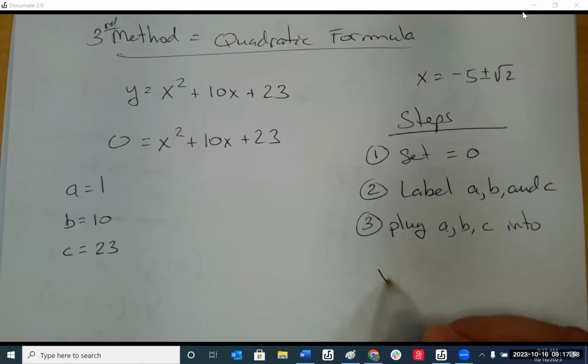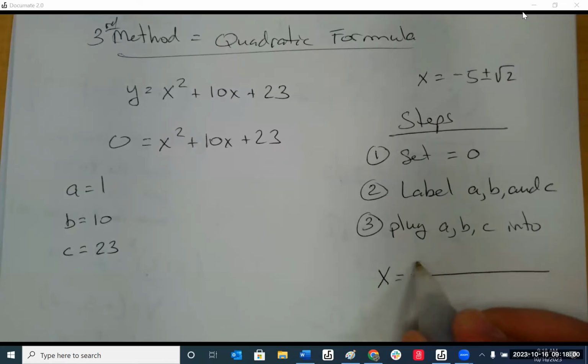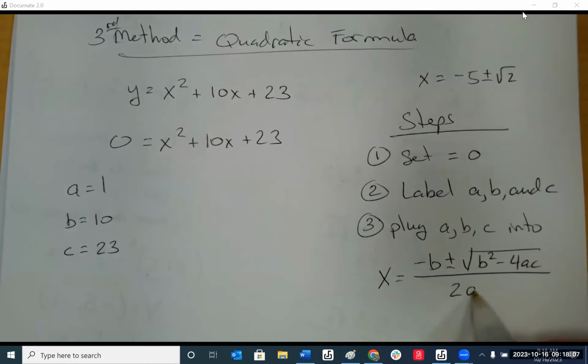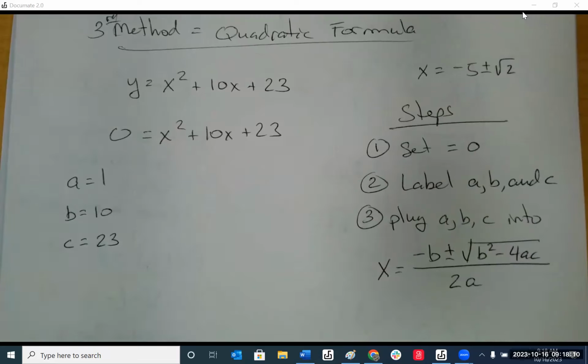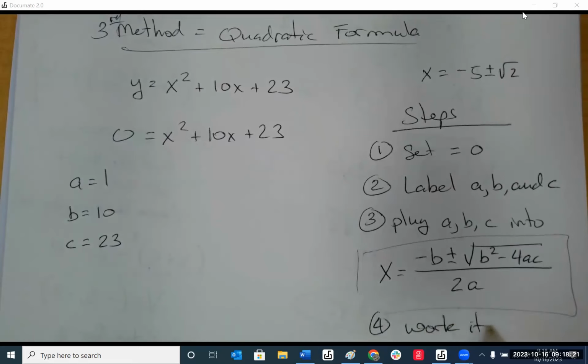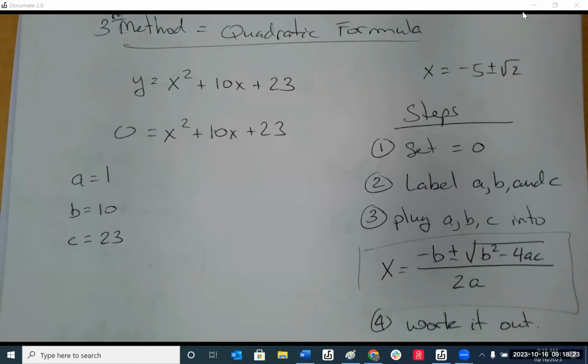Now plug it into the formula. This is the formula: negative b plus or minus square root of b squared minus 4AC, over 2A. And work it out. As I said, the quadratic formula is the method of preference to find the x-intercepts.